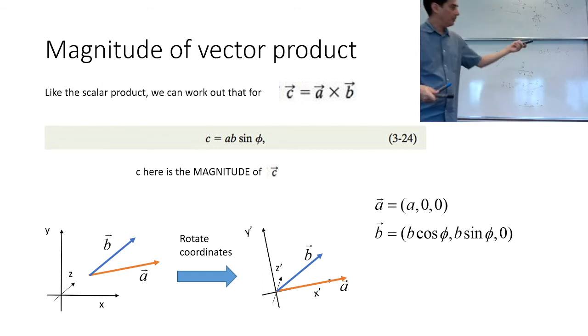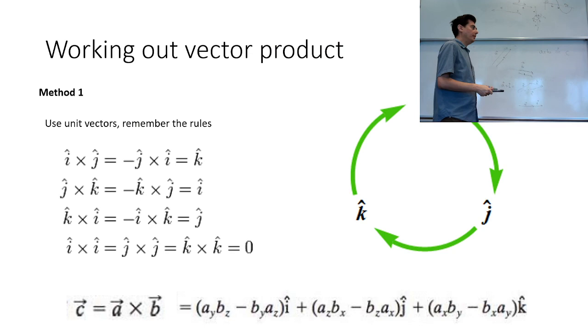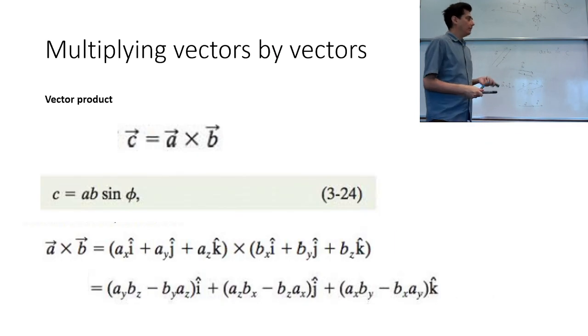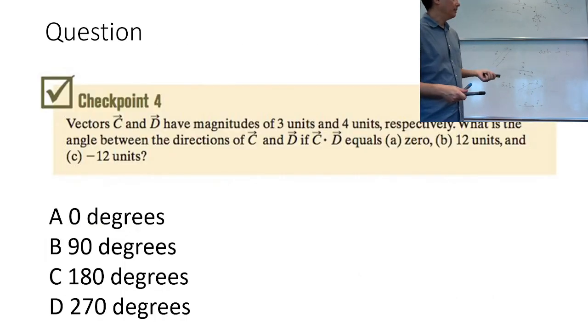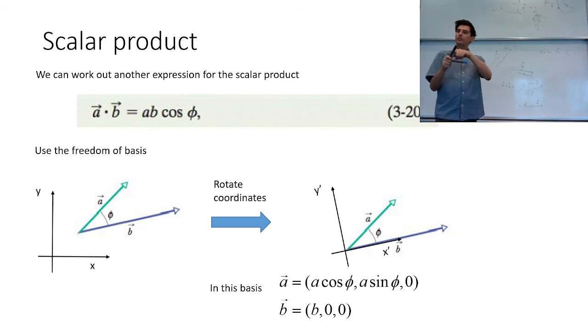That is what phi there is. So it's the angle between the vectors, in the plane of the two vectors. Same with the scalar product. When we talked about this, oh sorry, this one. This is the same angle between them.